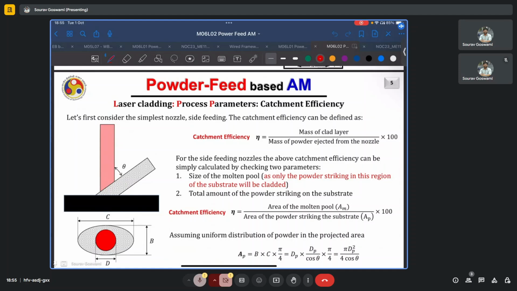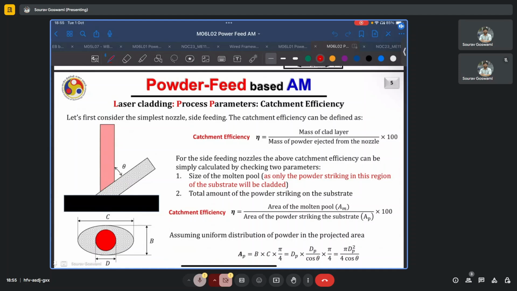And this can be defined in this case as the area of the molten pool AM by the area of the powder striking the substrate. And here we have assumed that, just like the case we discussed, to maintain normal directionality, the projection of the powder on the substrate is larger than the beam spot size.